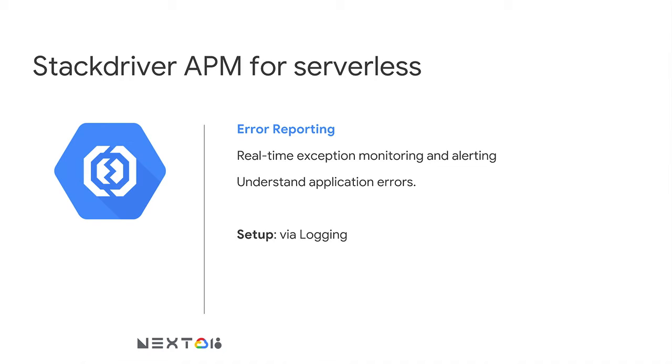Stackdriver in real time is looking at all of your logs, looking for crashes. When it finds a crash, it will capture it, and when it finds the same kind of crash, it will group them together, so that what you focus on when you open Error Reporting are groups of errors, not single entries, but errors grouped meaningfully together.